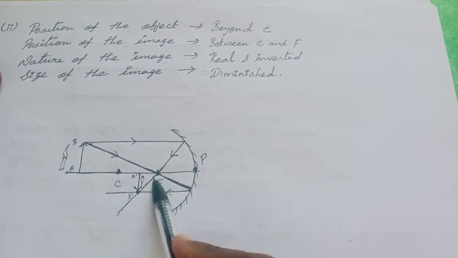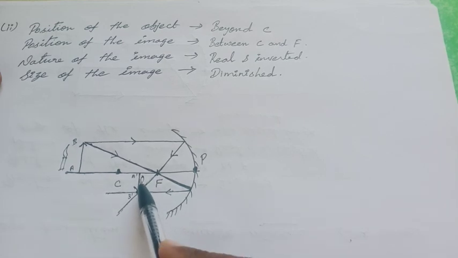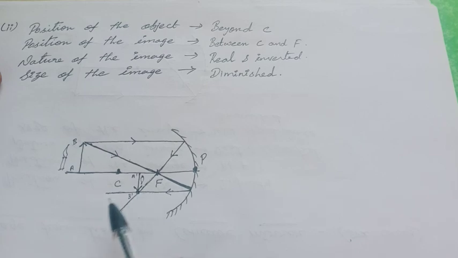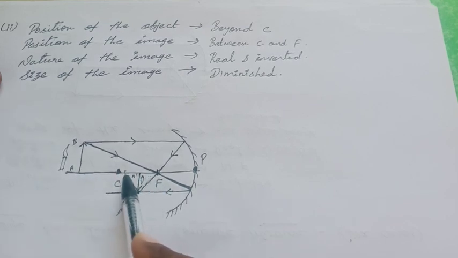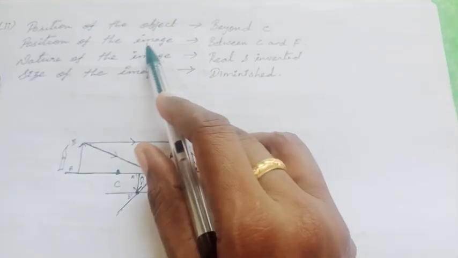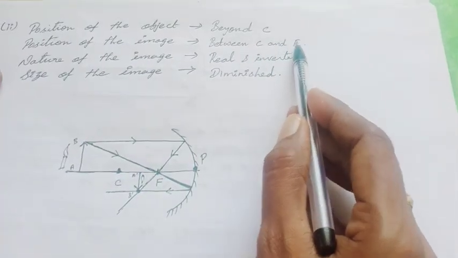Then we are finding out the point where the two reflected rays are meeting, and that is the point where the image is obtained. So it means the position of the image is between C and F. Whenever the object is placed beyond C, the image will be formed between C and F.